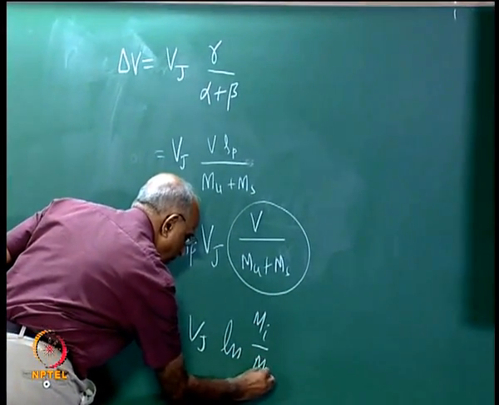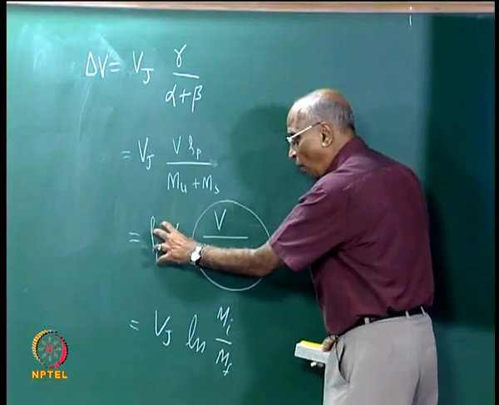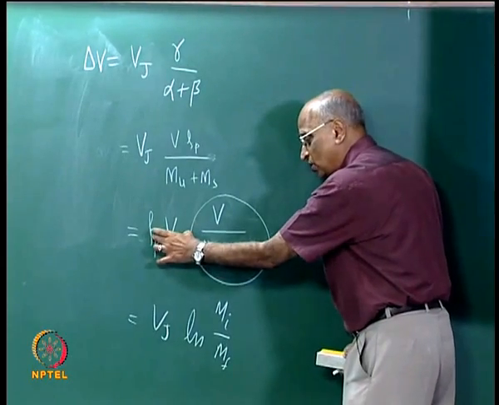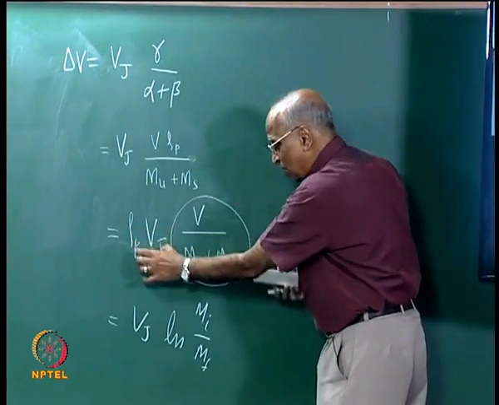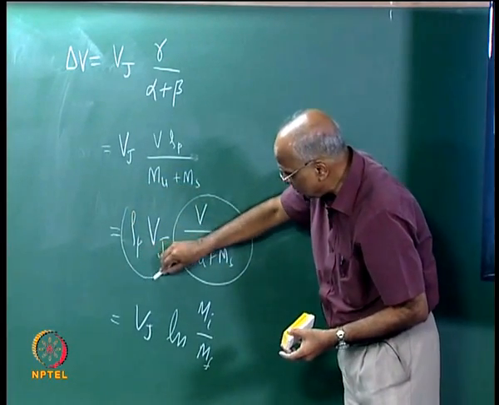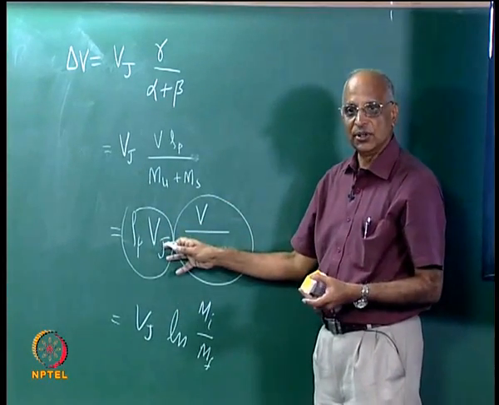mi by mf, whereas in this case I get the figure of merit of the propellant as density into this. Therefore, for a Deepavali cracker or for a booster stage, instead of Vj being a figure of merit, the density into Vj becomes a figure of merit, and that is the distinction.